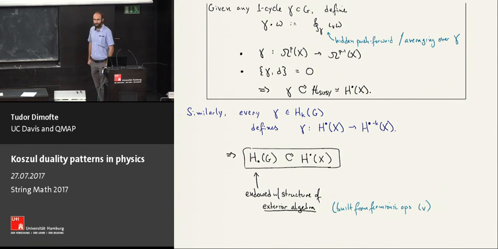There's a little bit more, which is where the letters D and G come in, which I'll explain in the next slide. One thing to say at this point is that this action automatically endows the homology of G with the structure of an algebra. You can also think of that structure as coming just because G is not just a manifold, it's a group. There's a multiplication on the group that induces a product in homology, and it ends up being an exterior algebra.